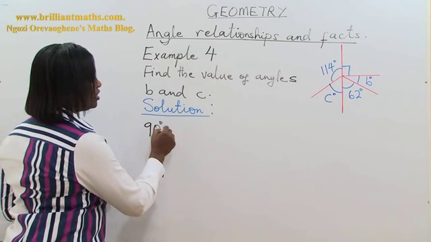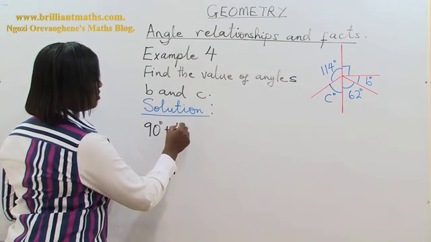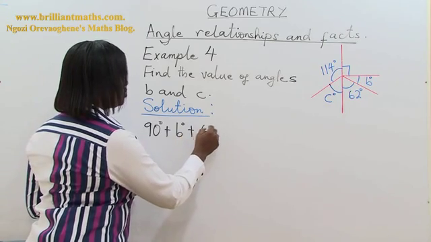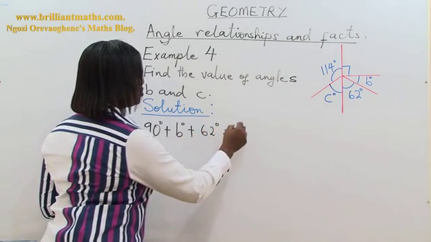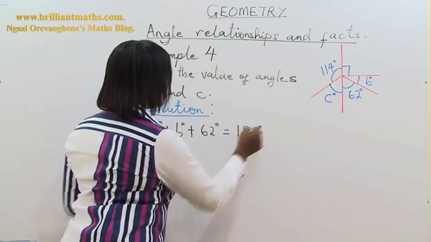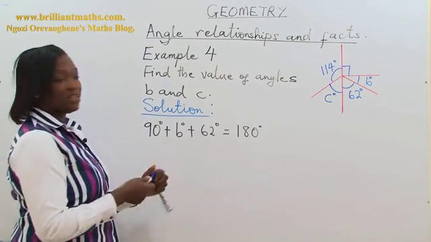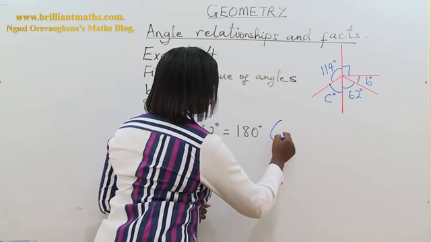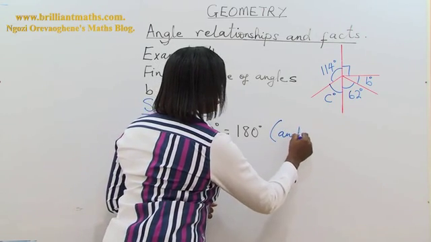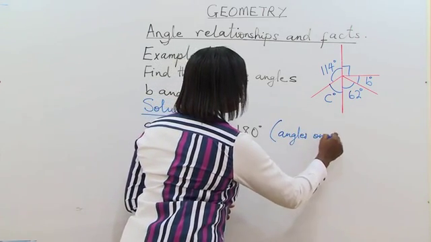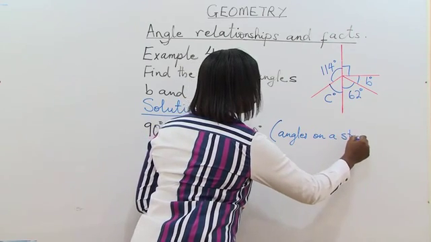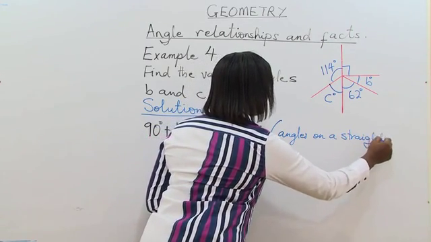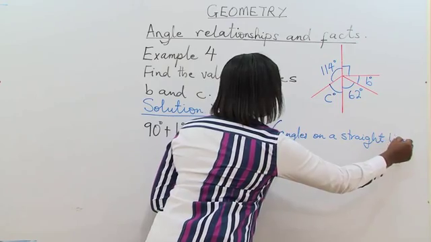90 degrees plus angle B plus 62 degrees is equal to 180 degrees. Our reason is angles on a straight line.